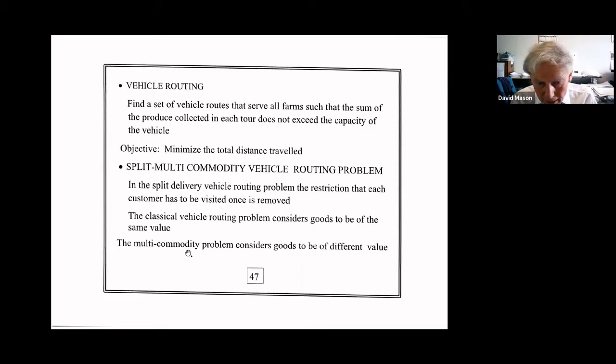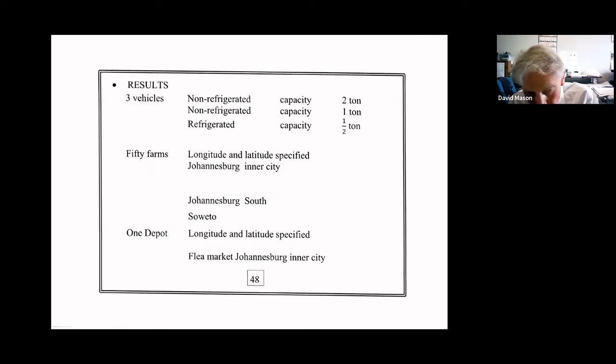So this is quite a sophisticated vehicle routing solution that was implemented. What they did was three vehicles: two were non-refrigerated with different capacities, one refrigerated.